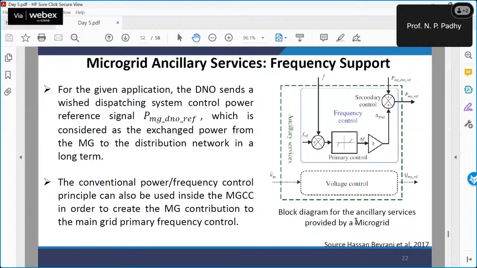The conventional power or frequency control principle can also be used inside the microgrid control in order to create the microgrid contribution to the main grid primary frequency control. So if you have 1,000 microgrids, they can play an important role in the primary frequency control of the whole system.